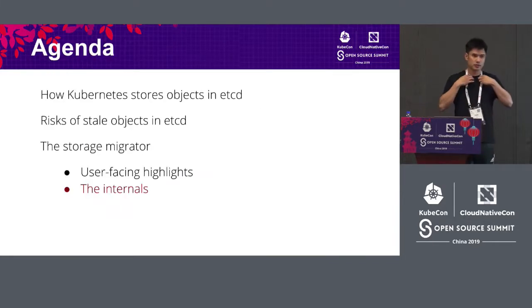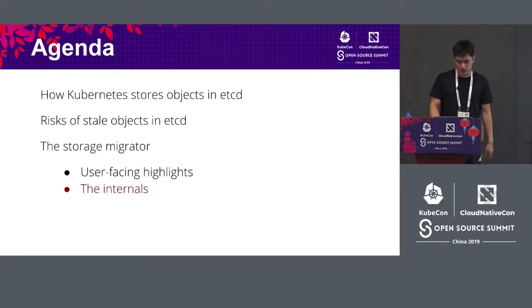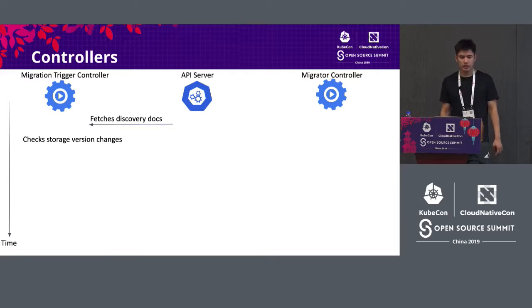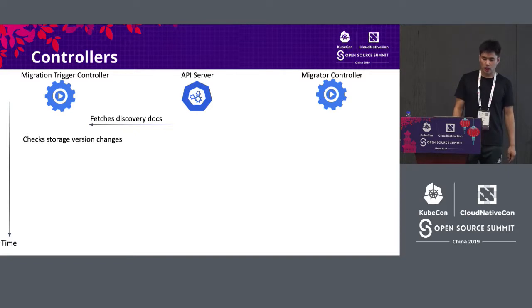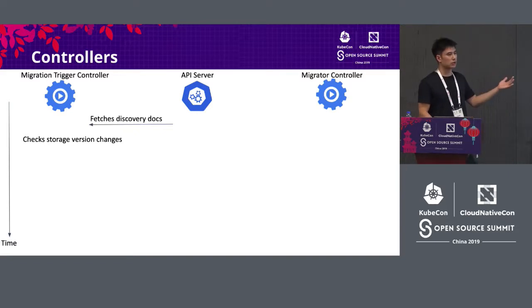All right, so now I want to dive into the migrator and tell you how it works internally. I want to demystify it, so when you have to debug it, it will be a little easier. Basically, the migrator is two loosely coupled controllers. On the left side of the graph is the migration trigger controller.